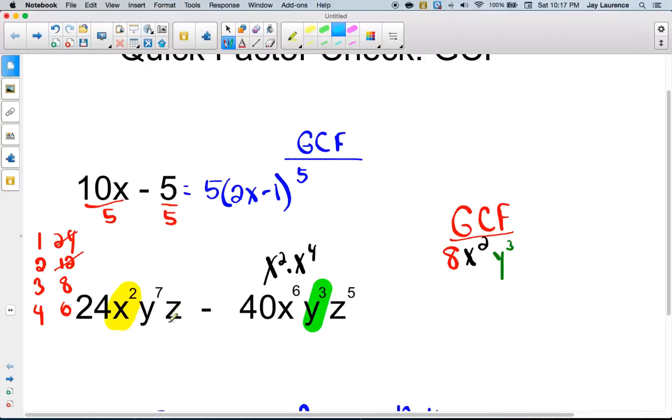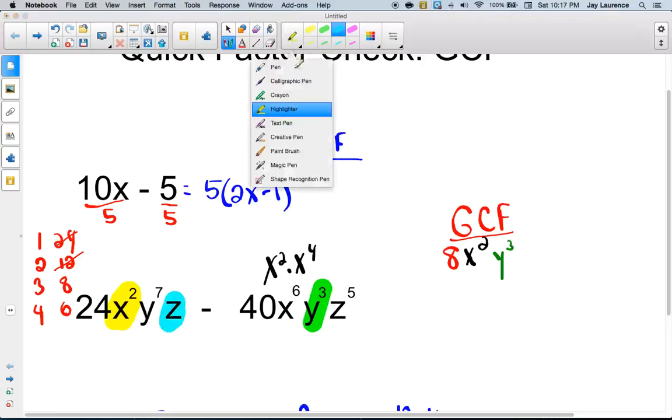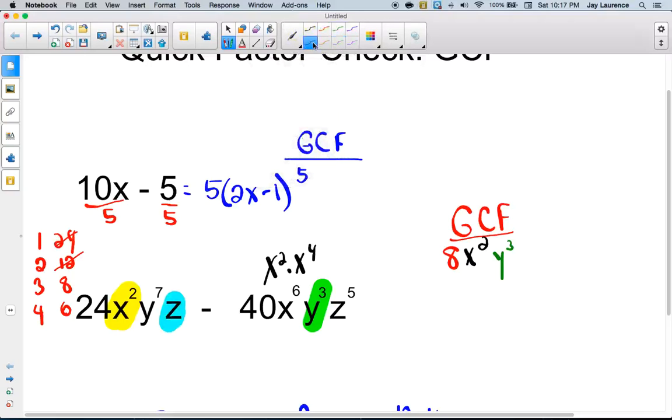Well, isn't this z a z to the 1st? So z must be the GCF of the z's. So my GCF of the whole expression would be 8x squared y cubed z. So I divide each of these by the GCF, 8x squared y cubed z.